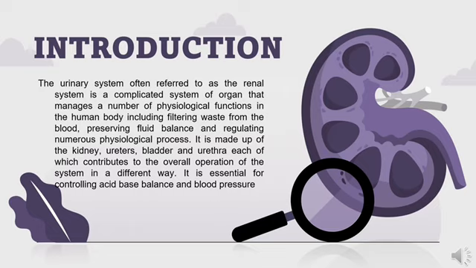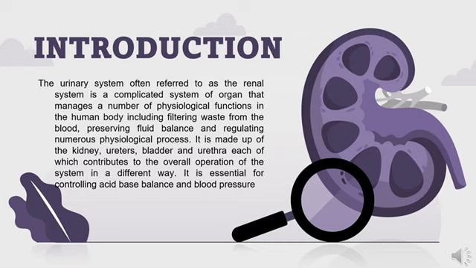What is the urinary system? The urinary system, often referred to as the renal system, is a complicated system of organs that manage a number of physiological functions in the human body, including filtering waste from the blood, preserving fluid balance, and regulating numerous physiological processes.